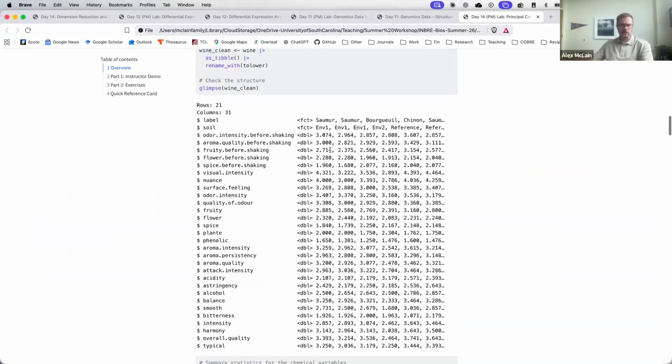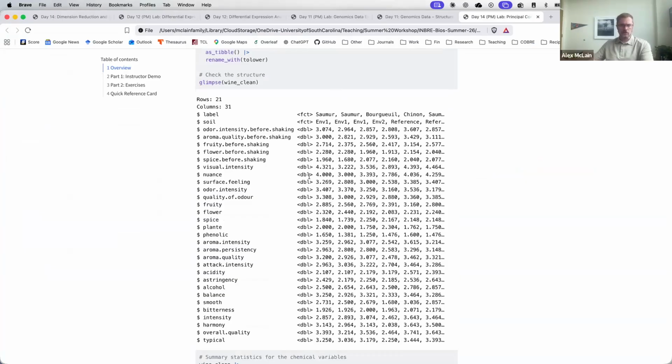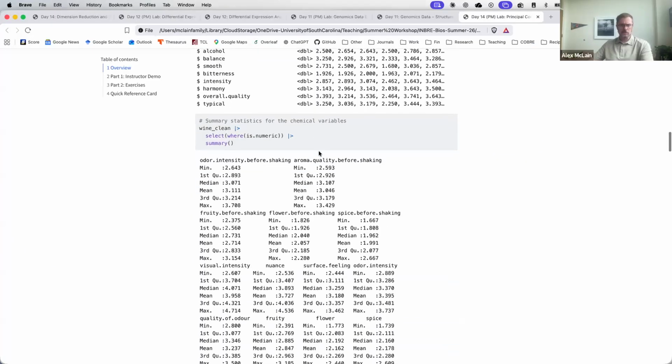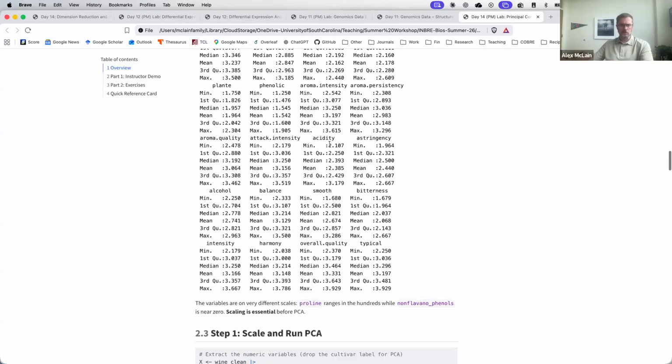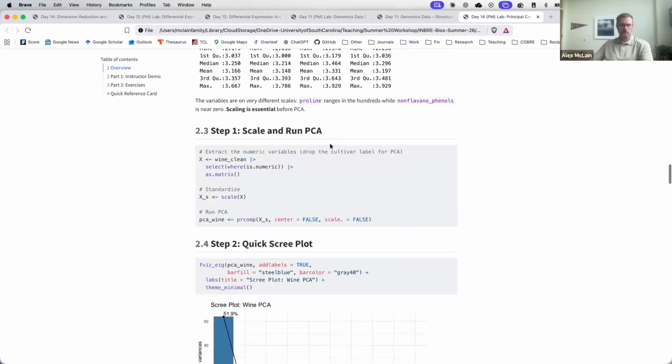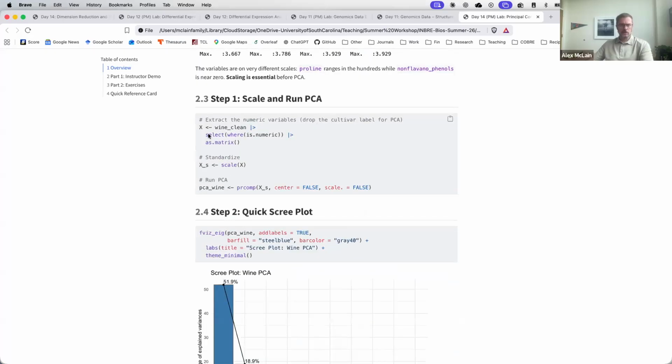So this is a little look at the FactoMineR version of the package. The one that I just loaded in is going to be a little different. We have some summary statistics for that. So here where we are creating the X variable, only keeping those variables that are numeric. So this one is going to remove the character variables.